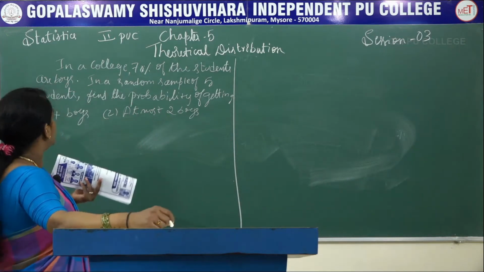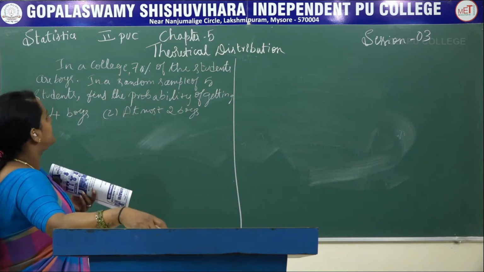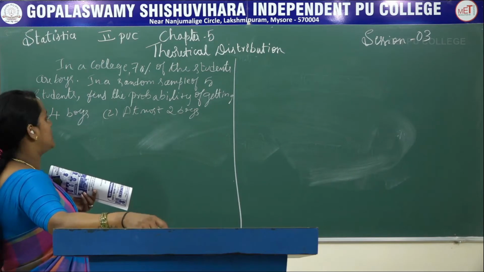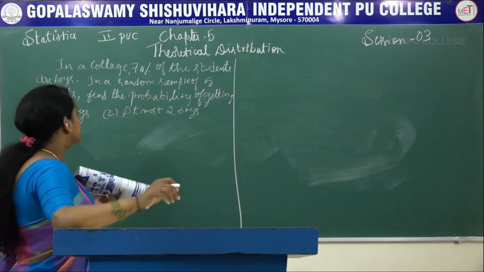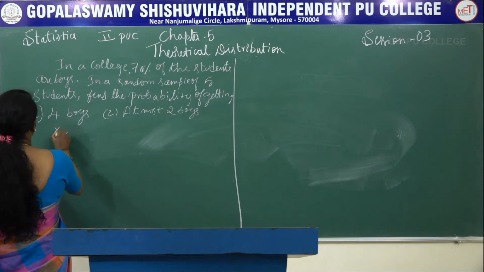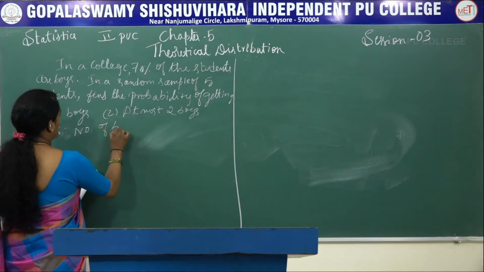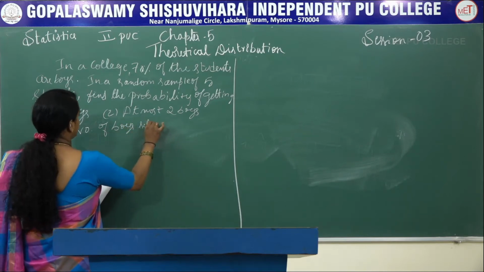In the college, 70% of the students are boys. In a random sample of 5 students, find the probability of getting 4 boys, at the most 2 boys. Let x be the number of boys selected.